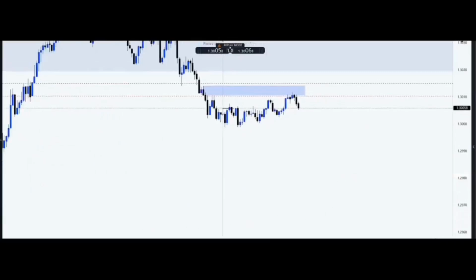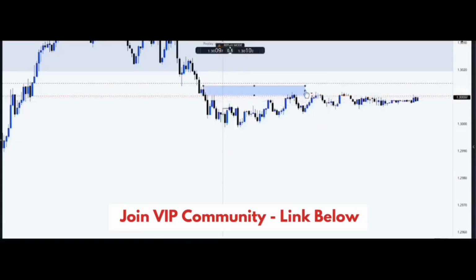So let's advance price. Look at the number of times price has tapped into our area of interest.